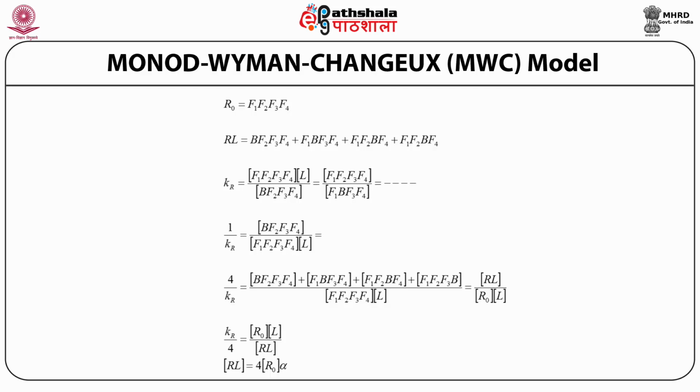So 1 by Kr is simply equal to B, F2, F3, F4 by F1, F2, F3, F4 into L. So 4 by Kr is simply equal to all the 4 conformations in which one site is occupied by ligand divided by the free protein into L, and that is simply RL by R naught into L. So RL can be denoted as 4 R naught alpha, where alpha is L by Kr.